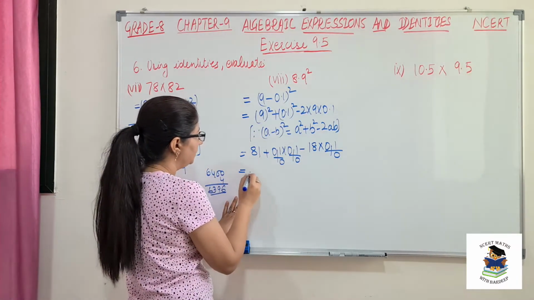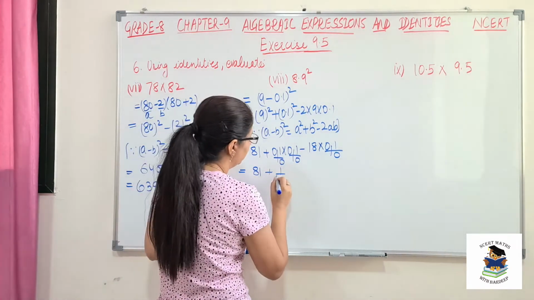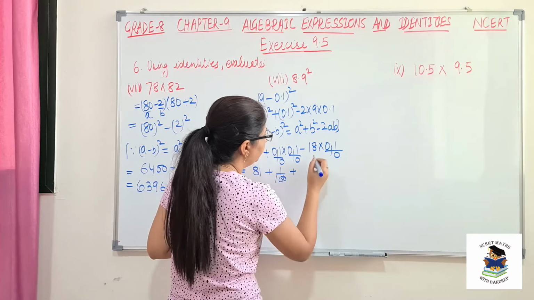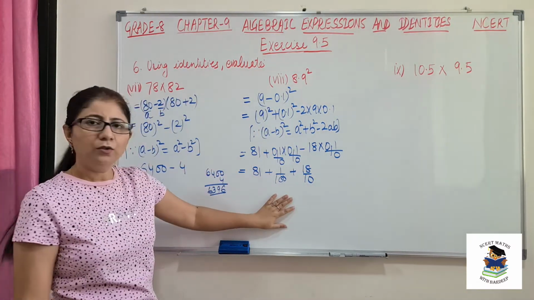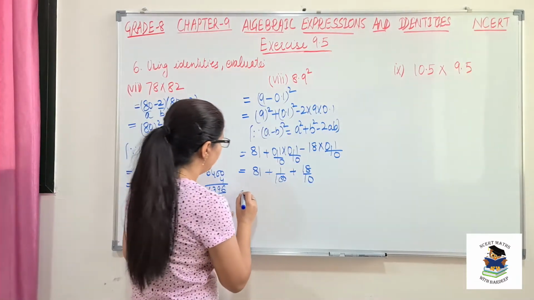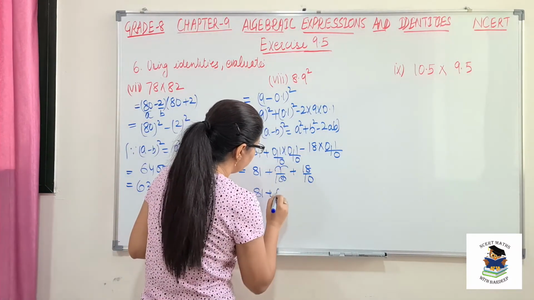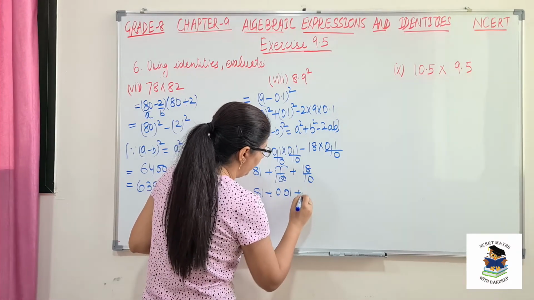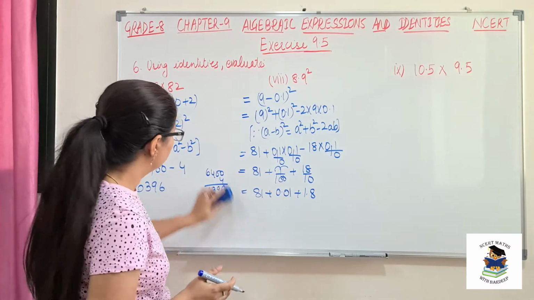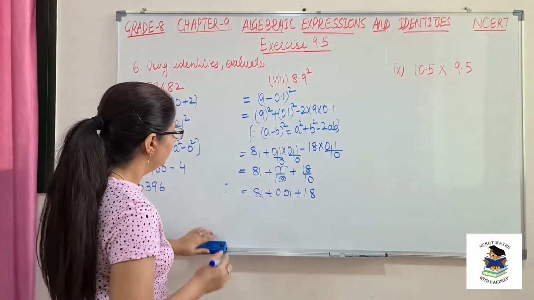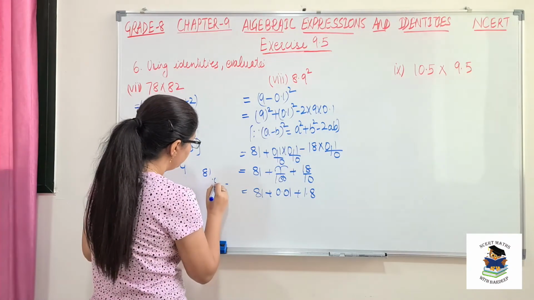So what I will get is 81, 1 by 100, and here we have 18 by 10. Okay. So now we will put the decimals, that is 81 plus 2 zeros. So it is 0.01, and here we have 1.8. Now let's add them. This is 81.01.